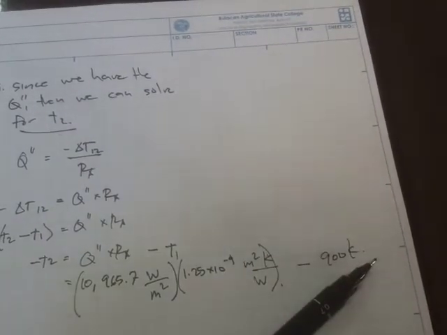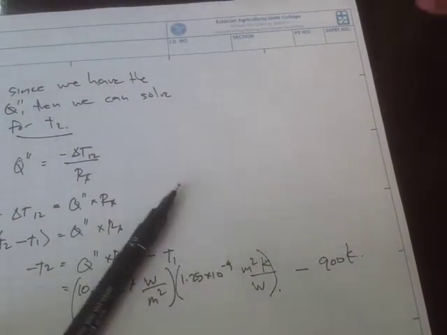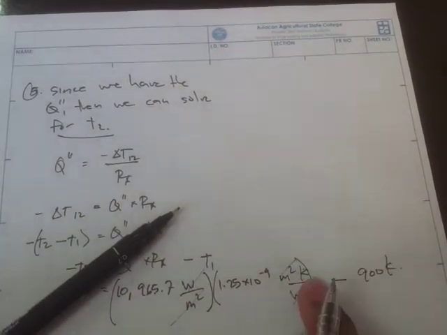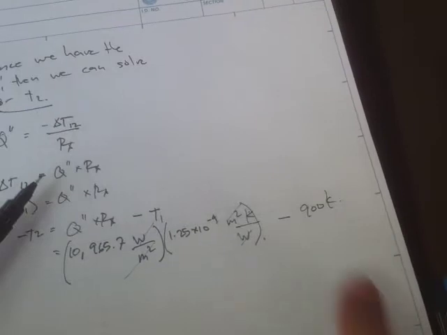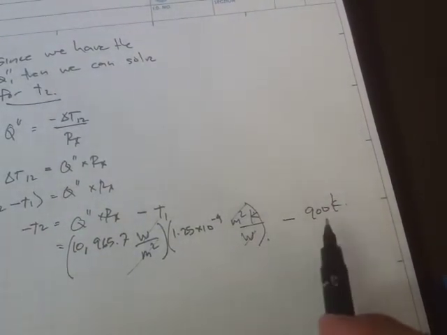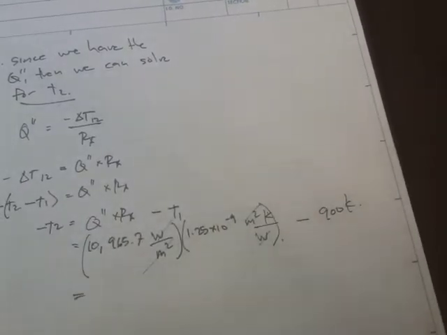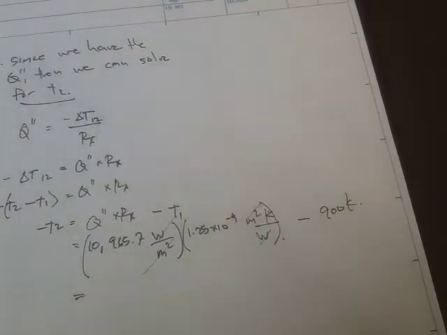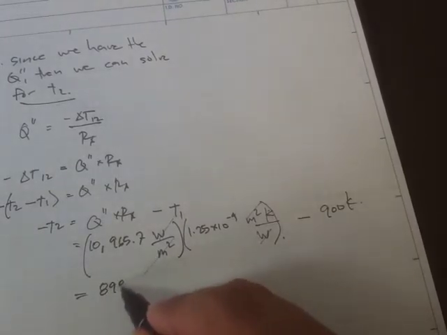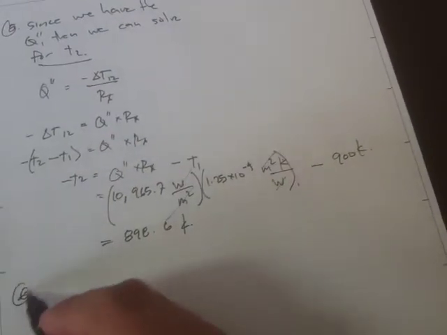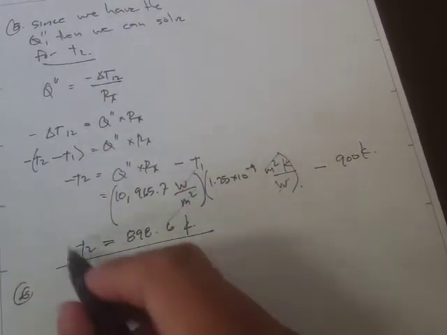So you see that the units of meter squared and watts cancel out, so you get a unit of Kelvin, and you also have the unit of Kelvin right here. So that's going to be 898.6 Kelvin. That's going to be the temperature at the interface.